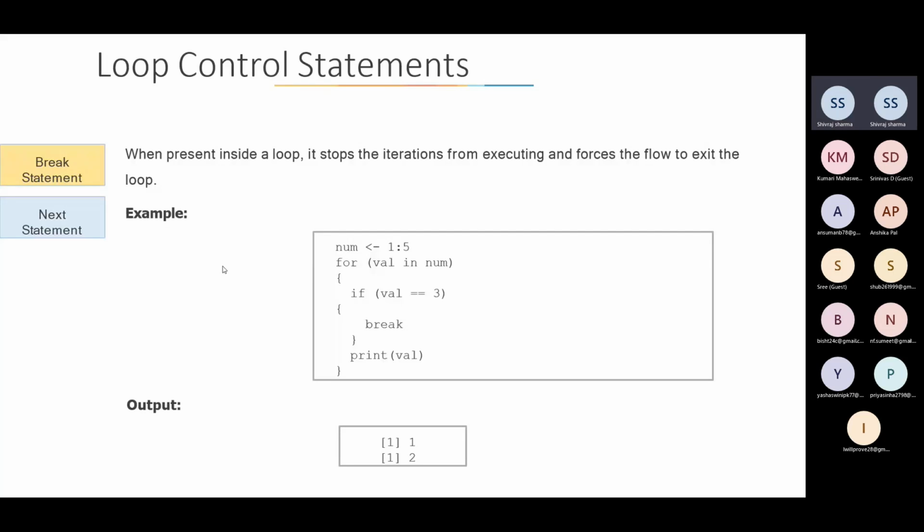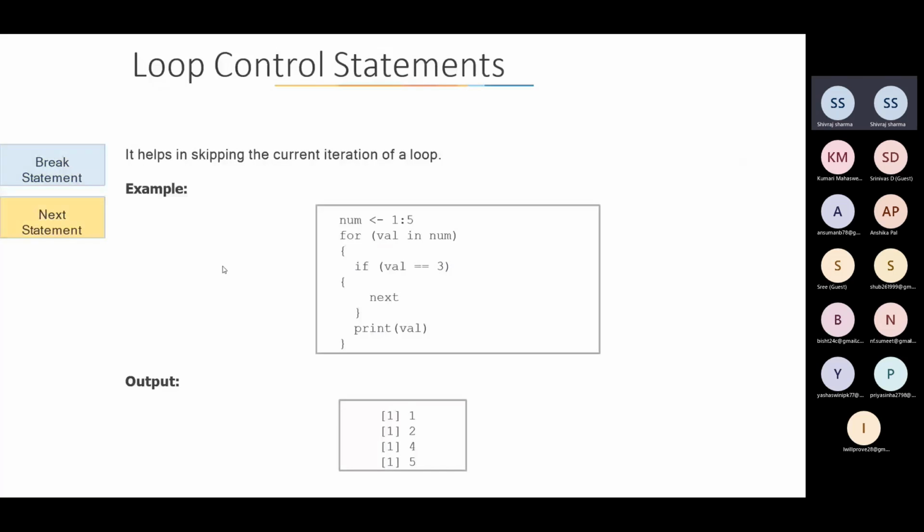In this statement also, if you do not put a break, then it will repeat again and again, 1 2 1 2 1 2 1 2, like that. Else, when you put a break there, it means the program must stop at that moment. And in the other part, that is your next statement, don't worry, the slides will be provided to you, then do the practice for these things.